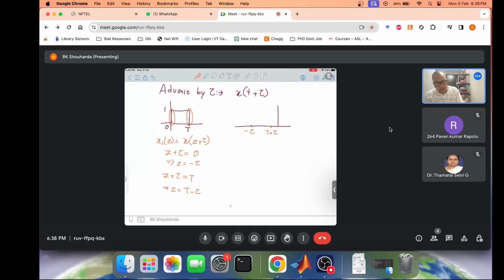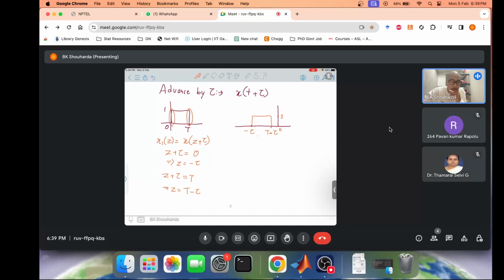Okay, so what do you have? I have a signal which initially was supposed to start at 0, and it starts at minus tau, before the original signal was created.